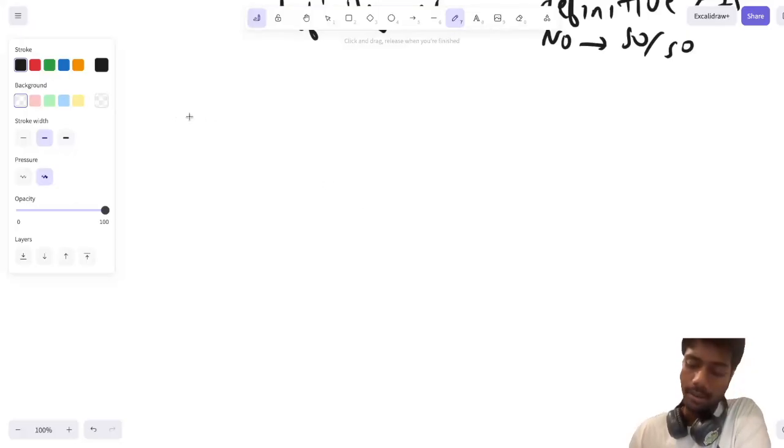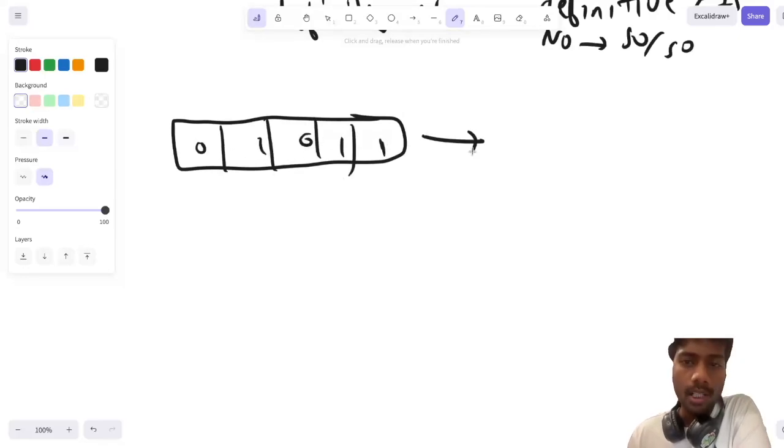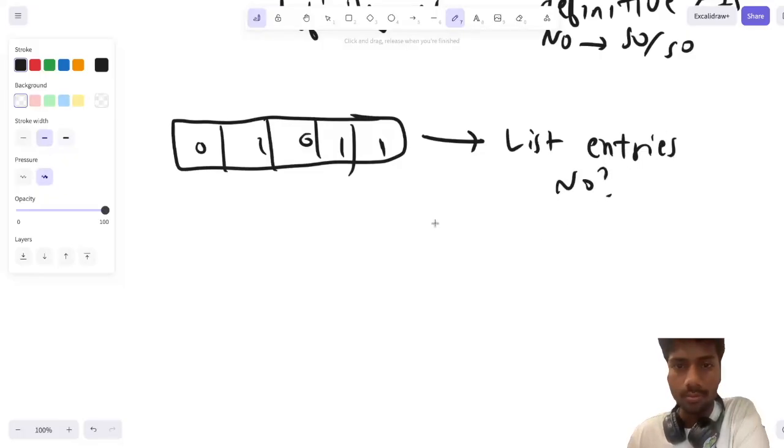Now the drawback of the above two data structures is that suppose I just give you a simple Bloom array which has some random zeros and ones. Would you be able to tell or list the entries that were in it? No, right?